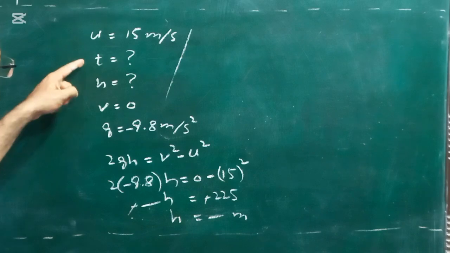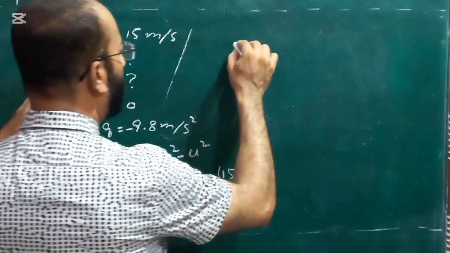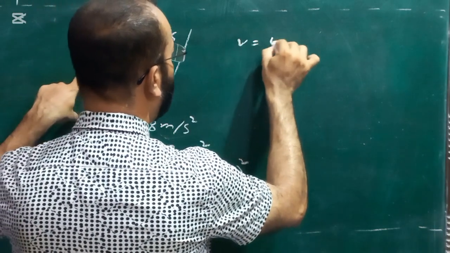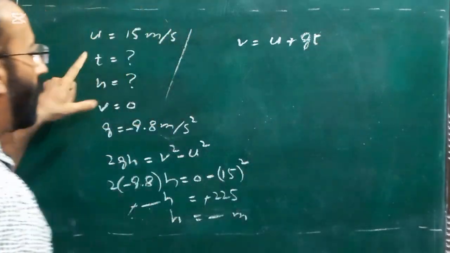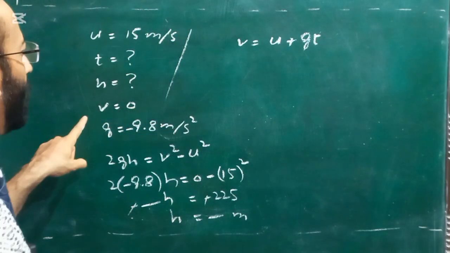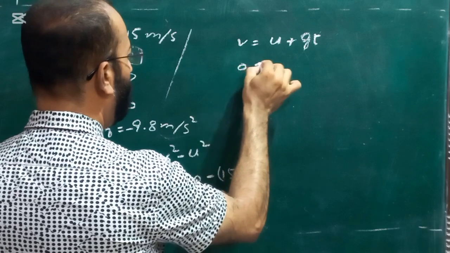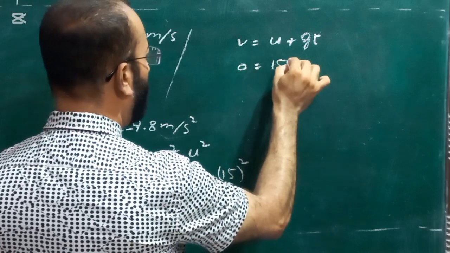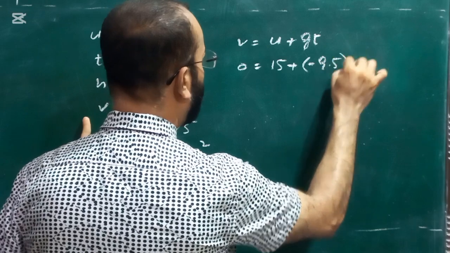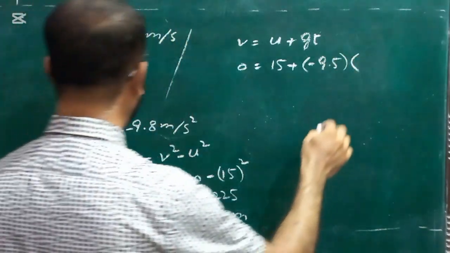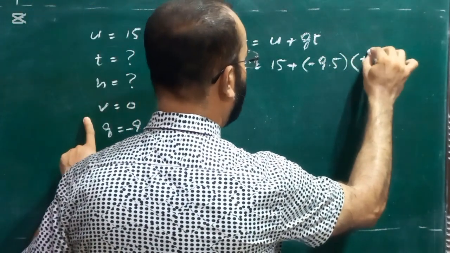Okay, now t is the requirement. Now use another formula, that is v is equal to u plus gt. Now put the values into the formula. v is 0, u is 15, g is minus 9.8, and time is the requirement.